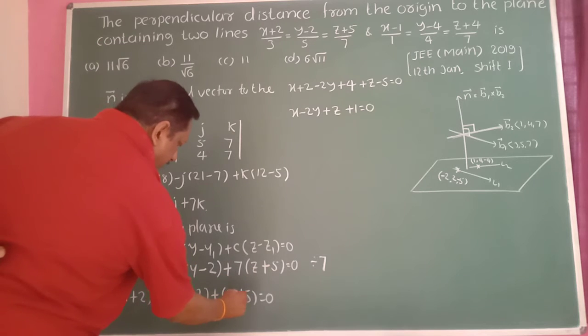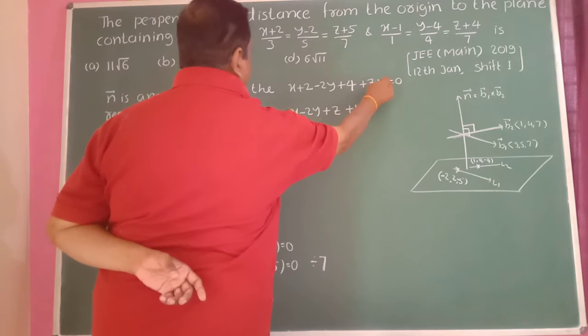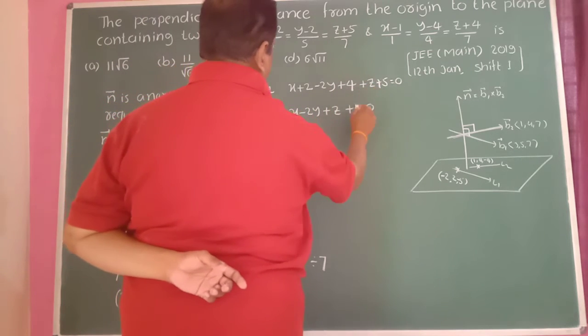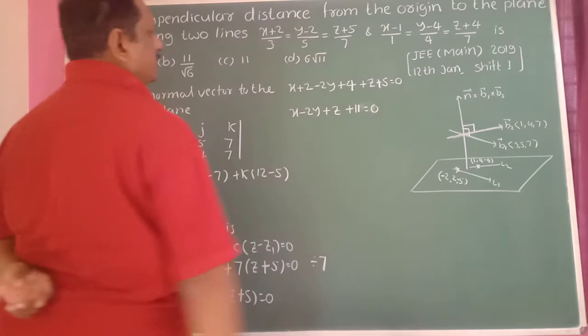Therefore this becomes a plus. So 2 plus 4 is 6, plus 5 is 11. So x minus 2y plus z plus 11 is equal to 0.